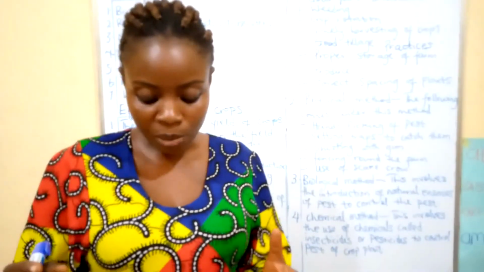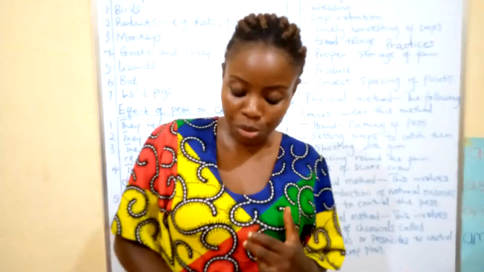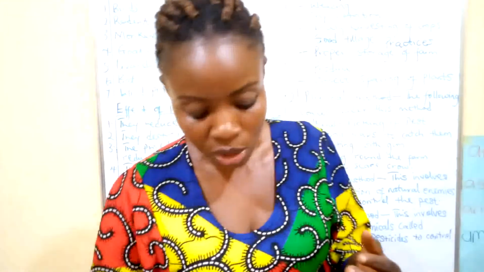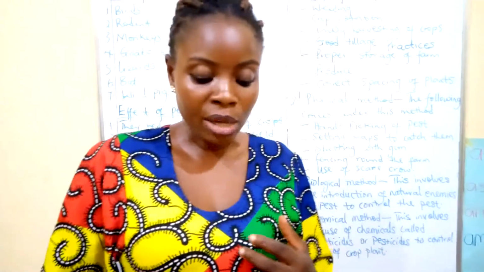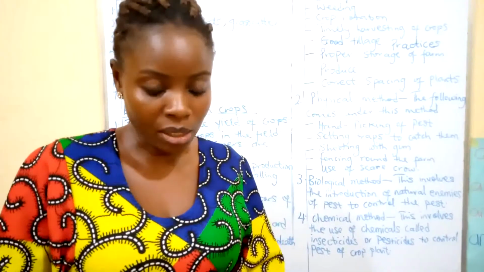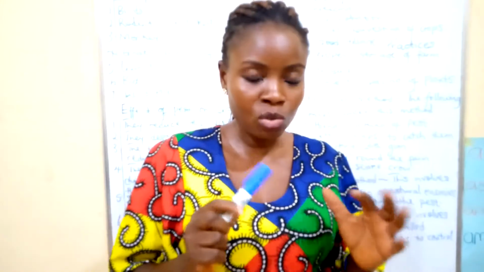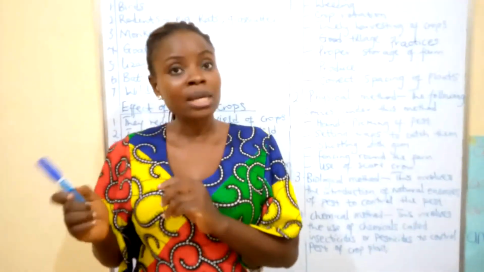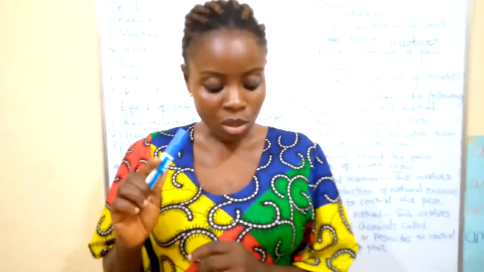Under mode of feeding, we talked about biting and chewing, that's number one, piercing and sucking, and boring and chewing insect pests. We can also classify those insect pests according to their location: the field pest, the one that attacks our crops in the farm, and the storage pest, the one that attacks our crops where we've already stored them.